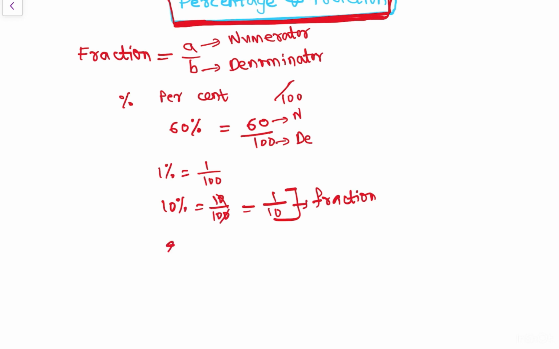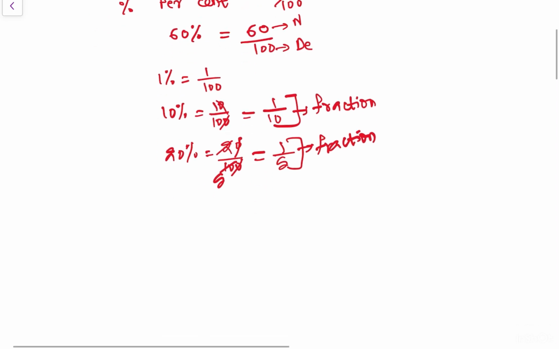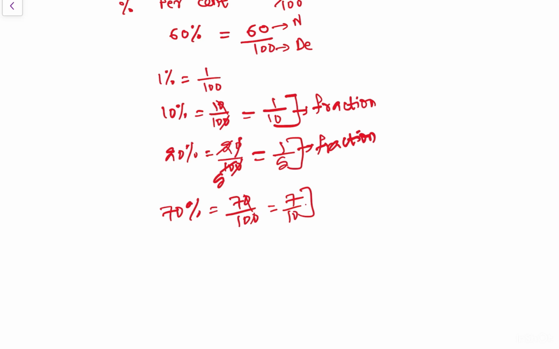Then say 20% is 20 by 100. It cancels, 20 5s are 100, so it is 1 by 5. 1 by 5 is a fraction. Then again say 70%, 70 by 100. So you can write it as 7 by 10, which is a fraction. So we are here converting percentages into fractions.